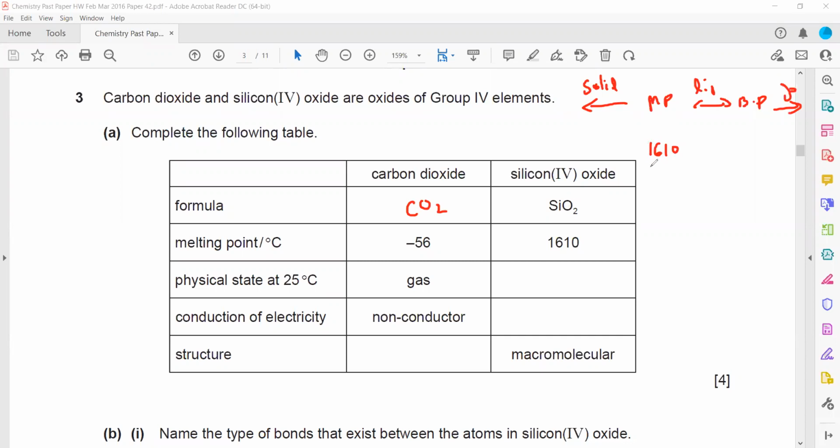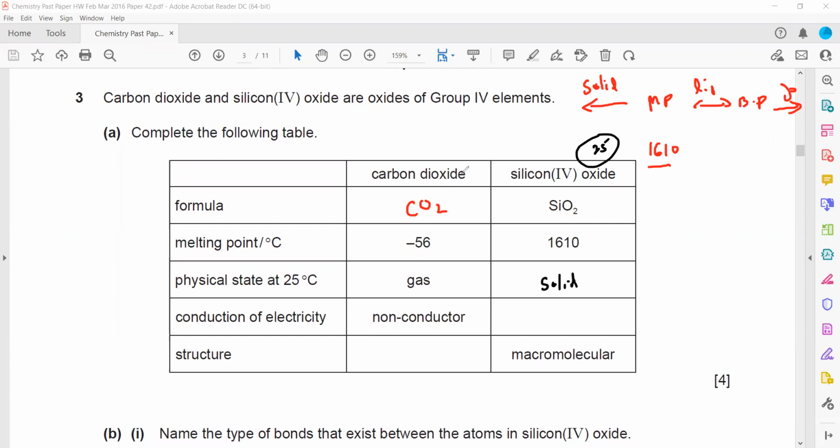Then conduction of electricity. Covalent compounds, as well as elements which have a covalent bond, cannot conduct electricity except graphite. So silicon 4 oxide is a non-conductor, it does not conduct electricity. Then structure.